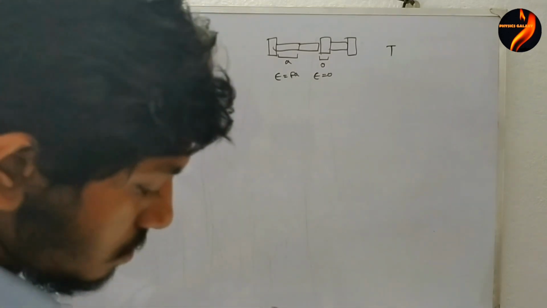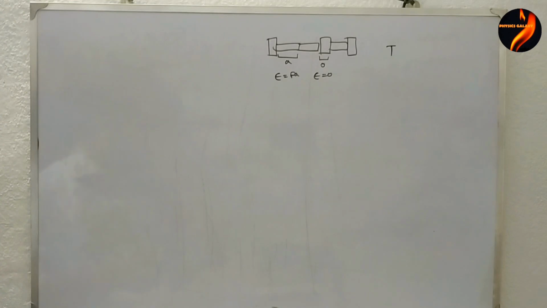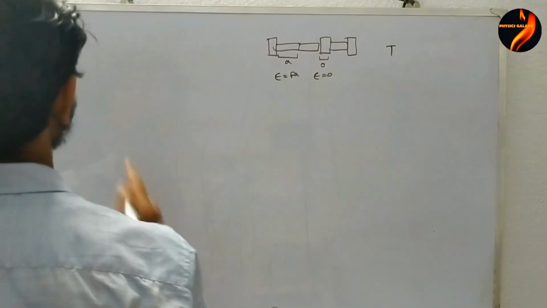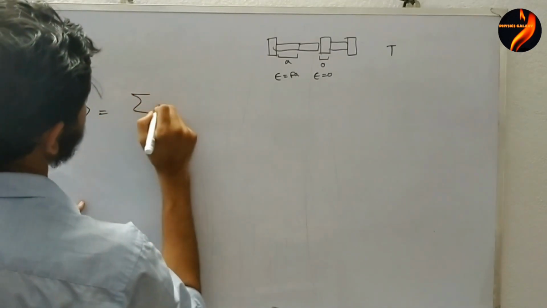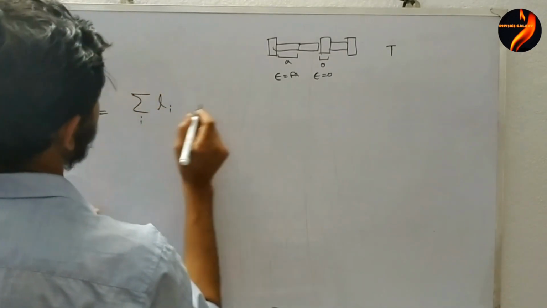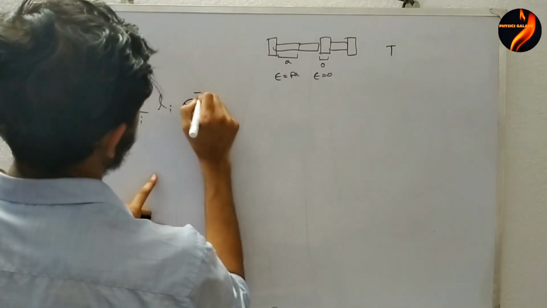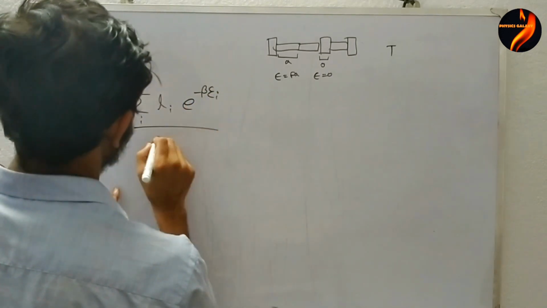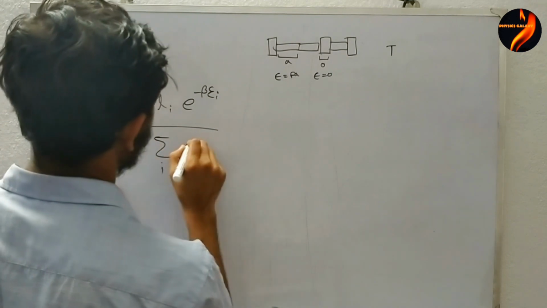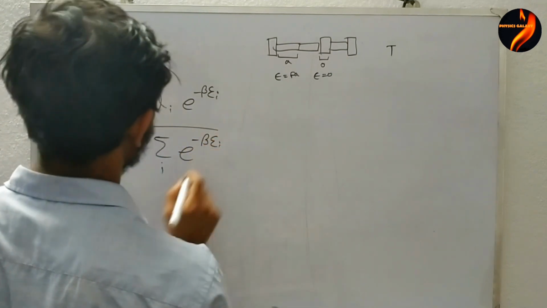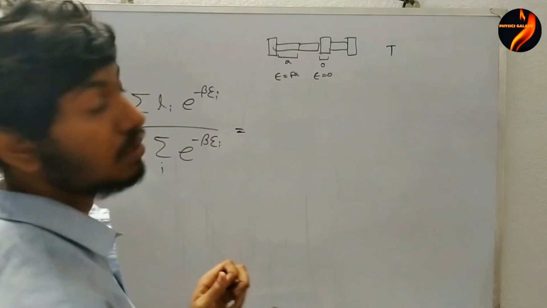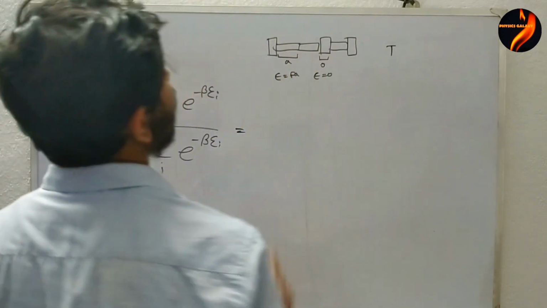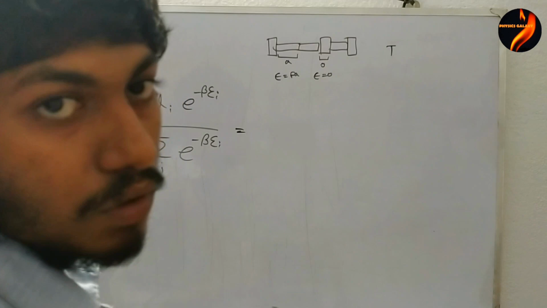And then write down the expression for the mean length of the chain. So the mean length of the chain is just this, and the length for horizontal is a, and for vertical it's 0.